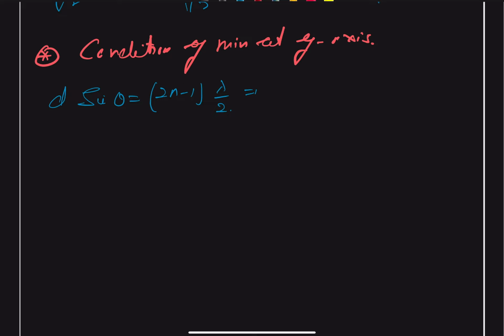So this gives us that sine of theta should be equal to 2n minus 1 times lambda, and this comes as 2d.